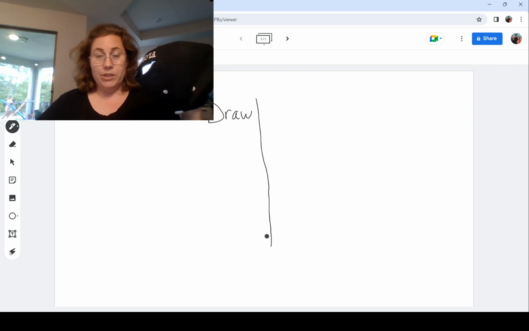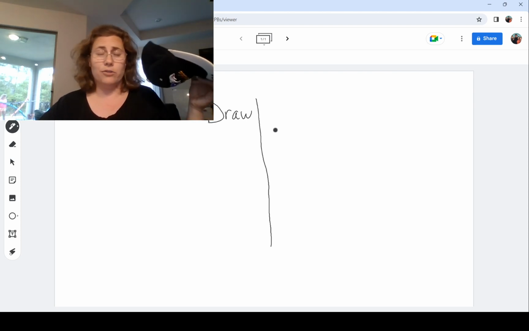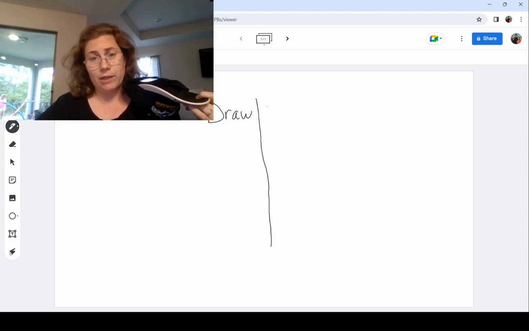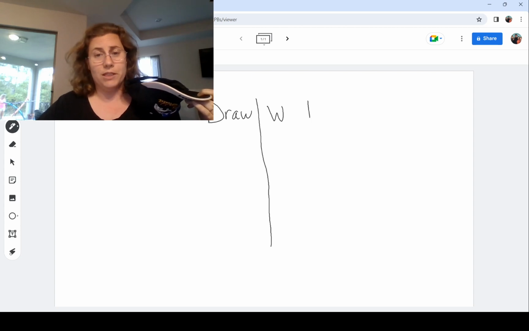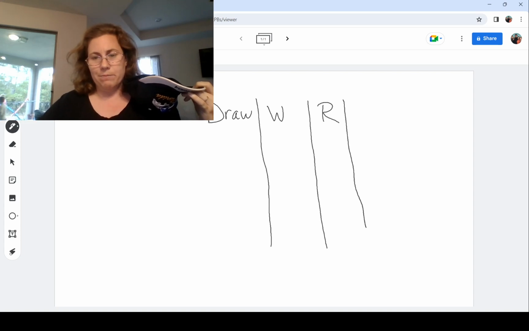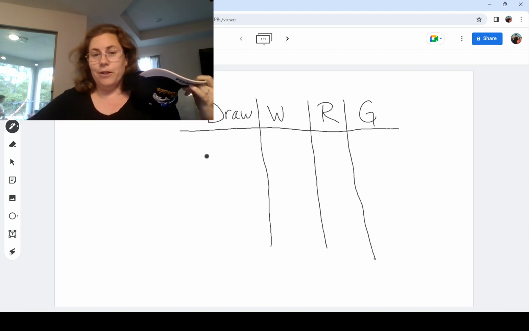We are going to draw a certain number of times. Remember, I only have 12 in here, so once I draw 12 times, that's it. My hat is empty. We are going to be looking for white, which I'm going to denote with a W. We are going to be looking at red, and we are going to be looking at green. I don't think I told you guys the probability yet, so we're going to figure it out.